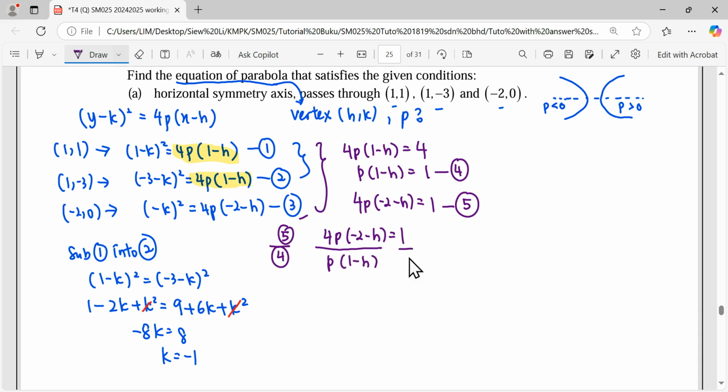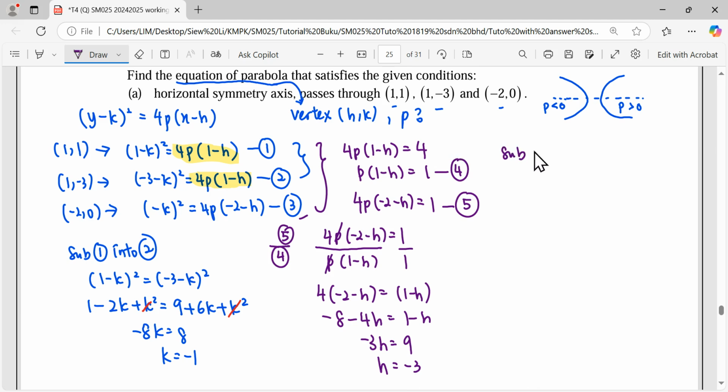Here 1 divided by 1, p we can eliminate, and 1 divided by 1 is also 1. So lastly I get this one. We do cross multiplication, 1 minus h, and we expand. We collect back our h term, negative 2h, and this one plus 8 becomes 9. h gets negative 3.